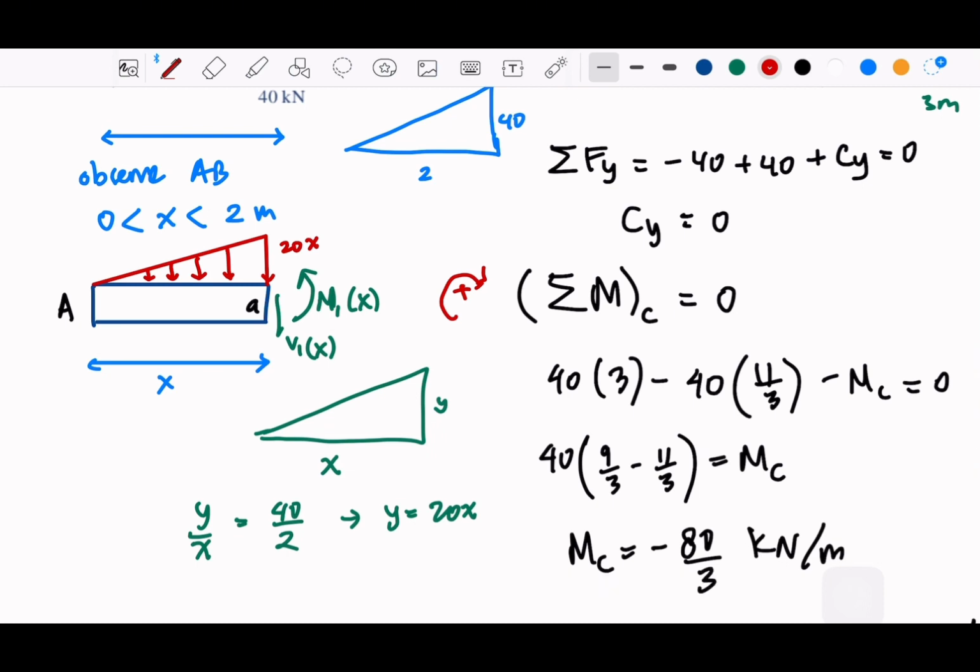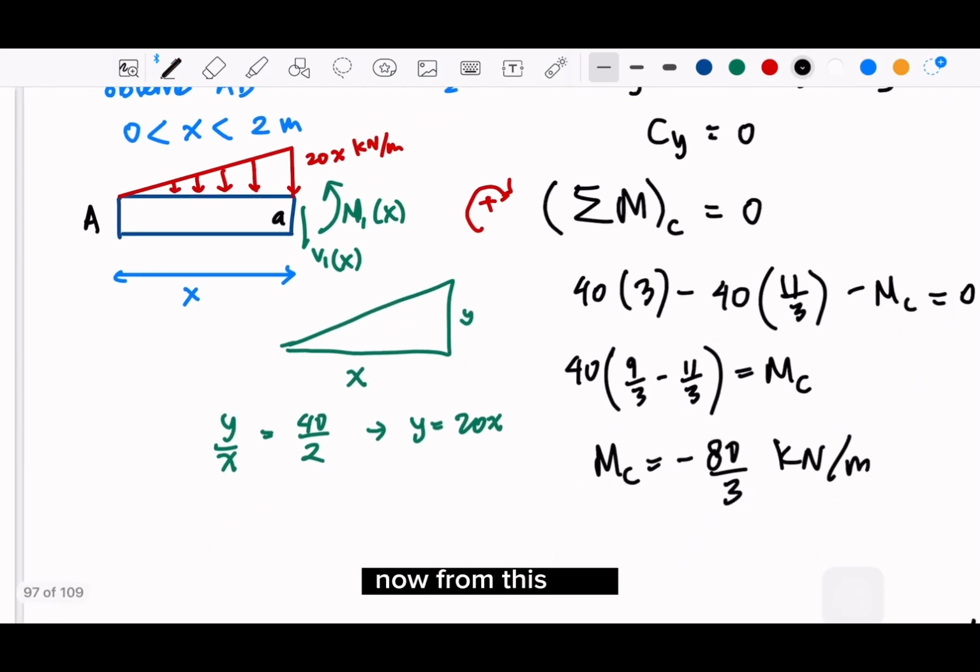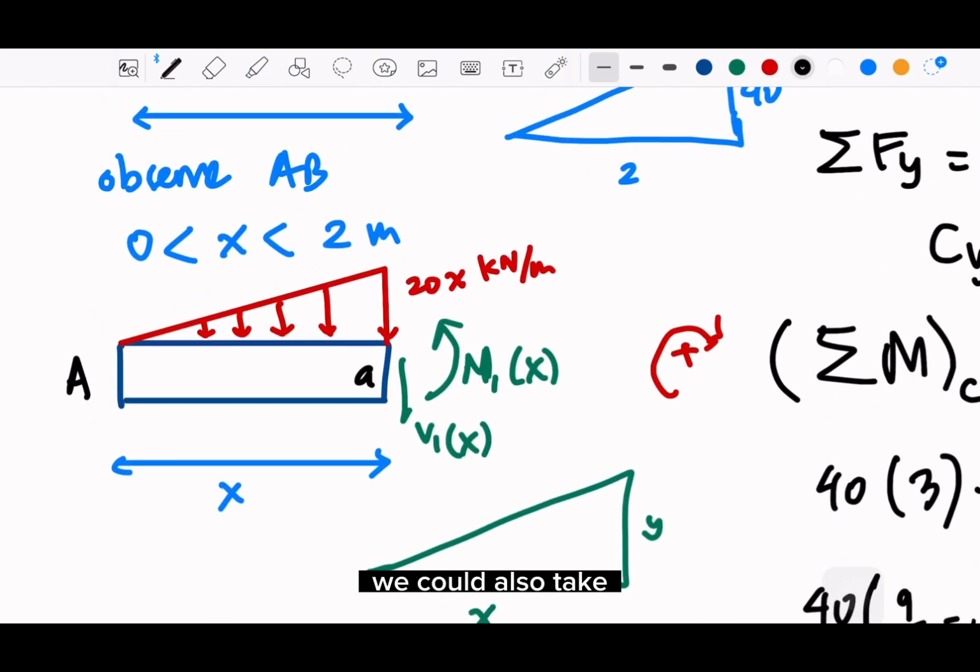Kilonewton per meter. Now from this part, we could also take the resultant of these loads, which is probably around here, at 2/3 x, right?